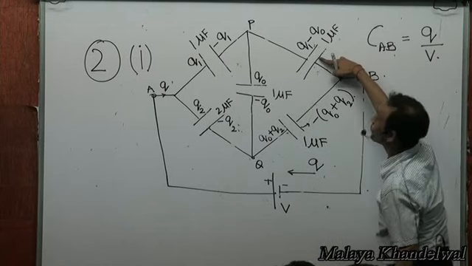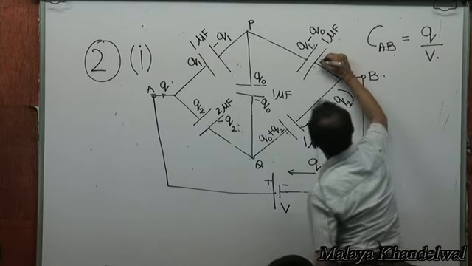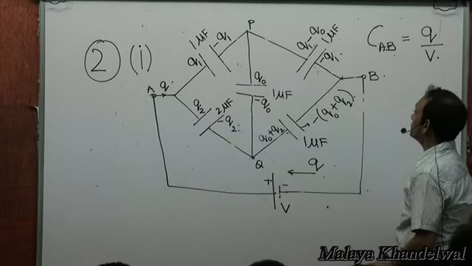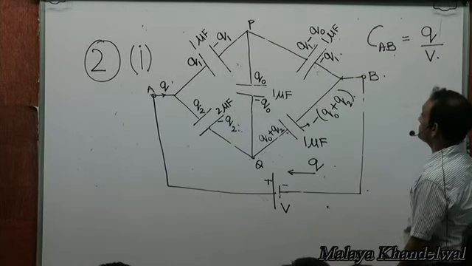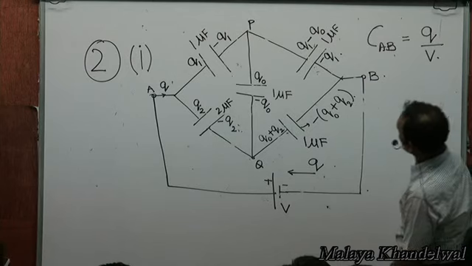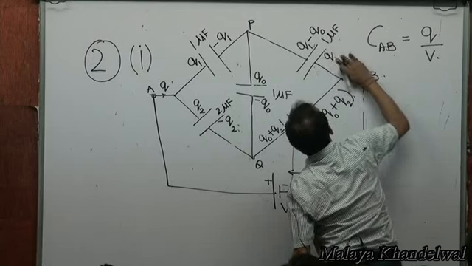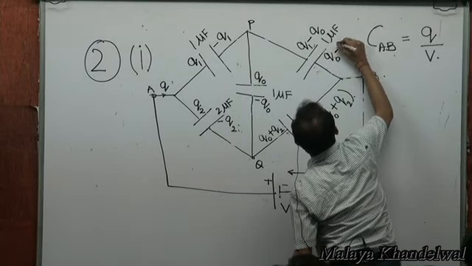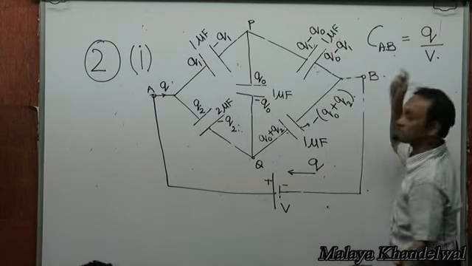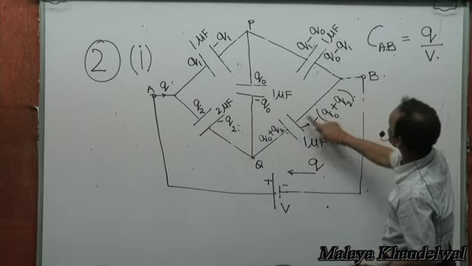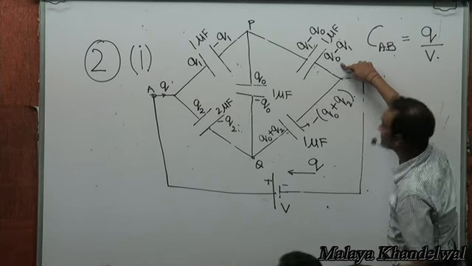If this is Q1, how much must this be? Minus Q1. I'm sorry, that means Q0 minus Q1, minus of this. Yes or no? Now, look at these two plates together. Minus Q0 will get cancelled with plus Q0.